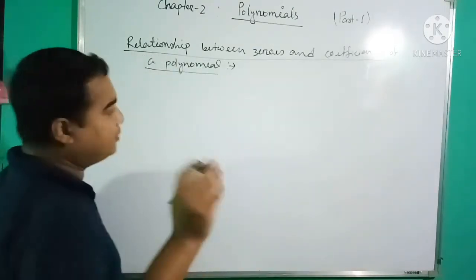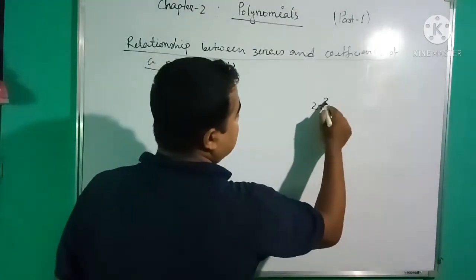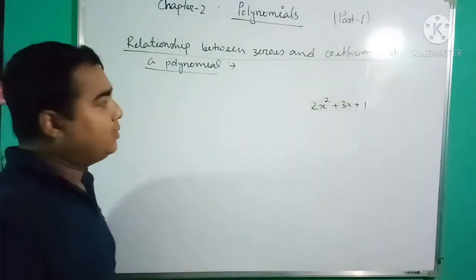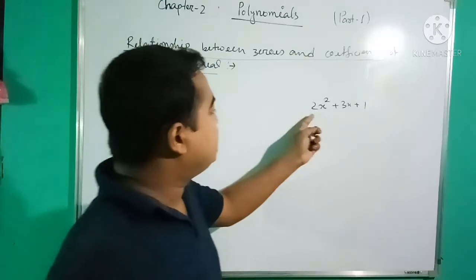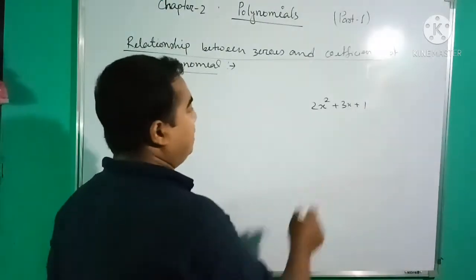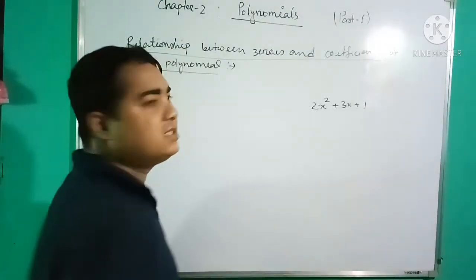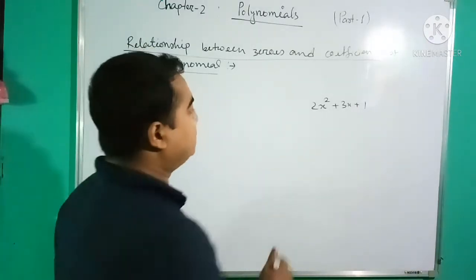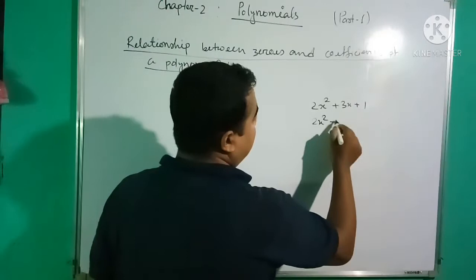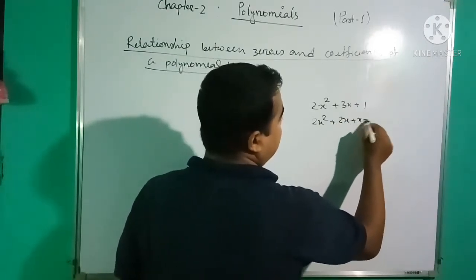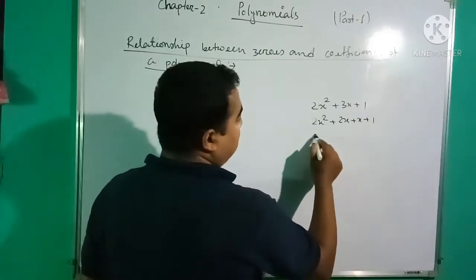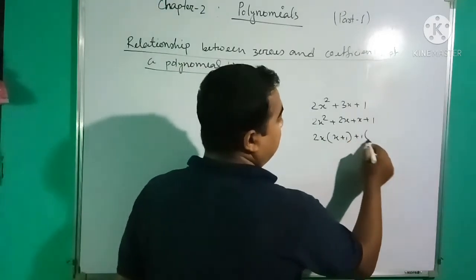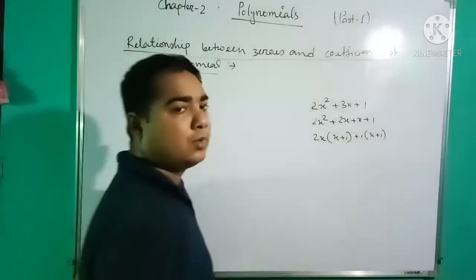let us take an example. Okay, 2x square plus 3x plus 1, a polynomial, means a quadratic polynomial. Now the question is, find the zeros of this polynomial. Then you can find its zeros according to the factorization method or splitting method. See, 2x square plus 2x plus x plus 1. Now 2x common, then x plus 1; again 1 common, then x plus 1.